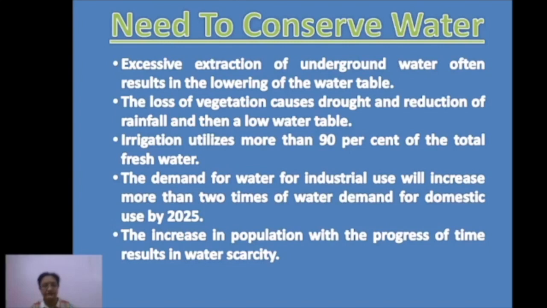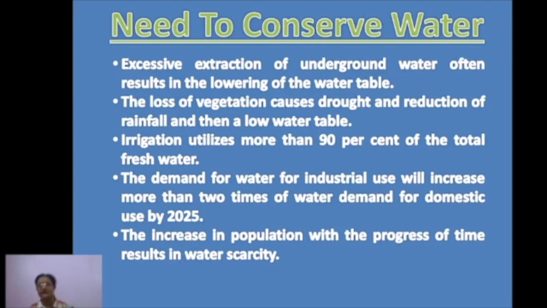So we need some water to be conserved, because we are left with very little water. In the beginning you saw that only 0.03% of the total water on earth is left with us, and if 90% of that is used for irrigation, what is left then? And a major part of it is getting polluted.